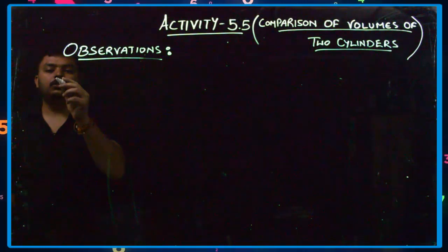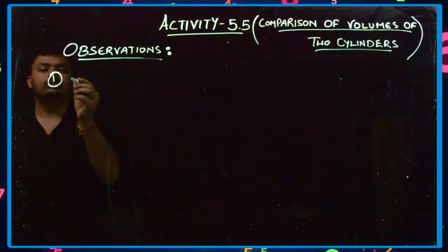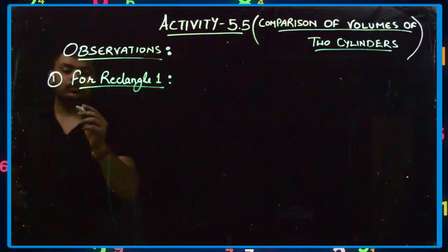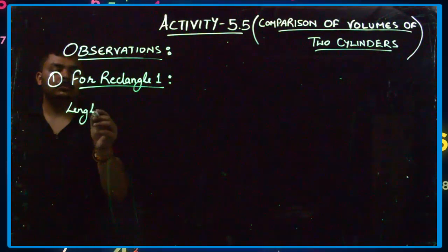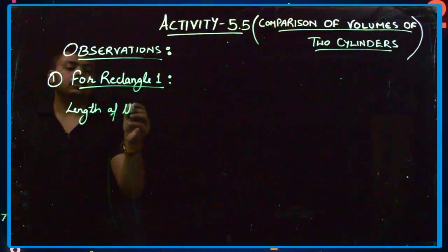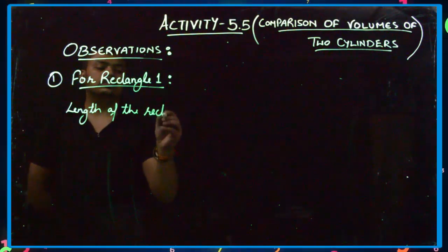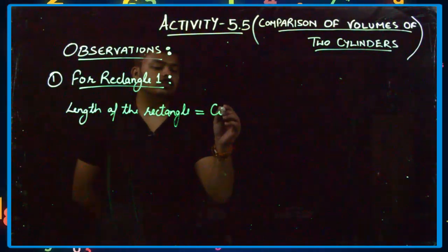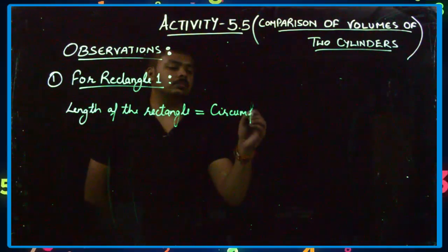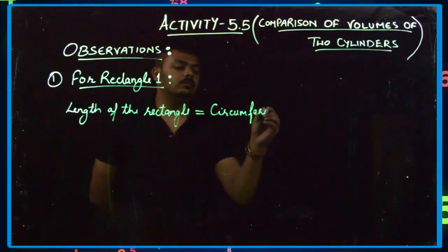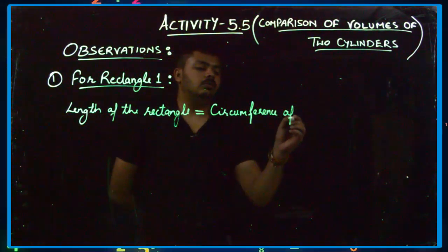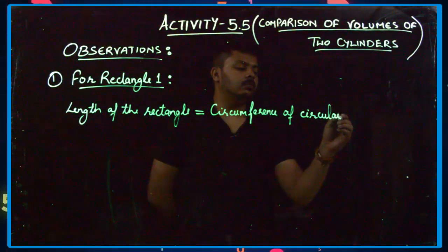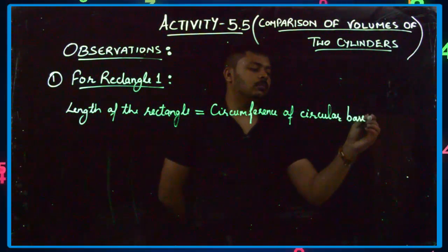So students, our observation first for rectangle 1, the length of the rectangle is equal to circumference of circular base of cylinder.